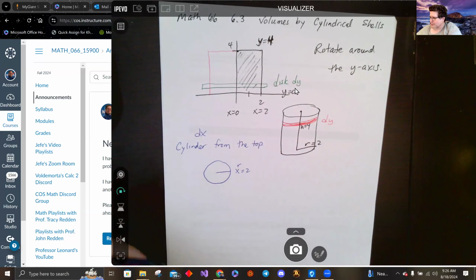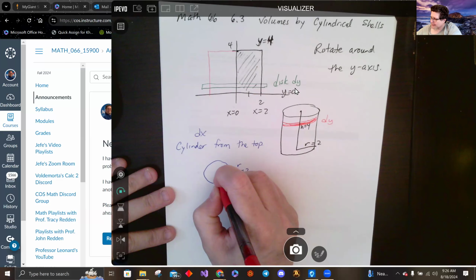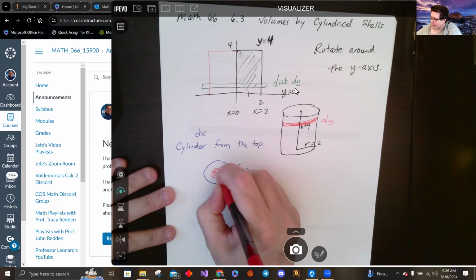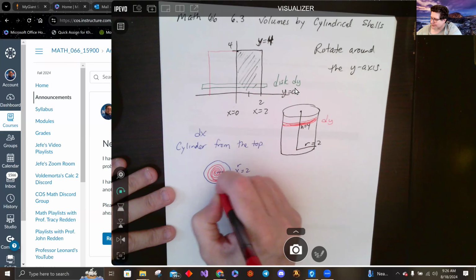So rather than doing the disc, we're just going to make little cylinders that keep getting larger and larger, and we go outward or inward. But that way, at any given time, we're doing this cylinder.